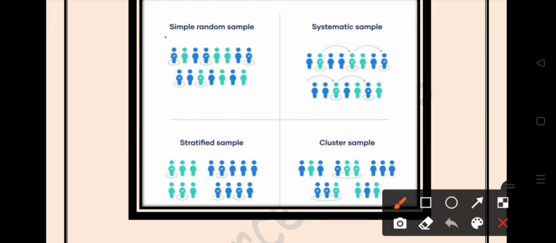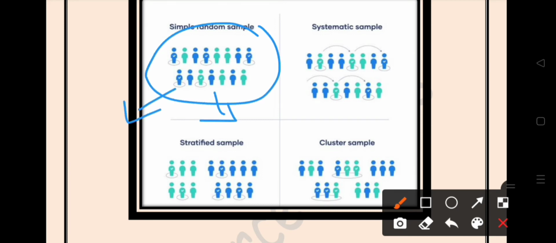If you can see this, in the simple random sample, out of this sample every person gets an equal chance of being selected. For example, we can select any person randomly according to our choice. Then next, systematic sampling. Here we choose every nth person, on the basis of your choice, like every fifth person or 10th person.